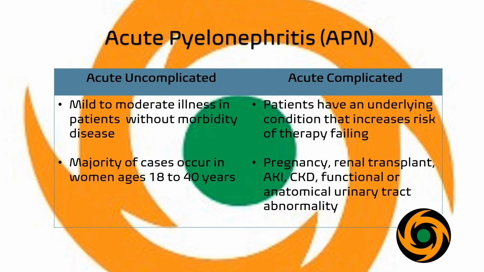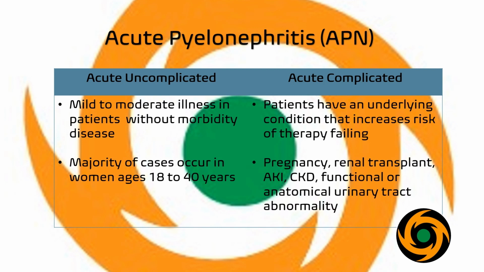In regard to acute complicated APN, or acute pyelonephritis, recipients can have an underlying condition that increases the risk of treatment therapy failing.